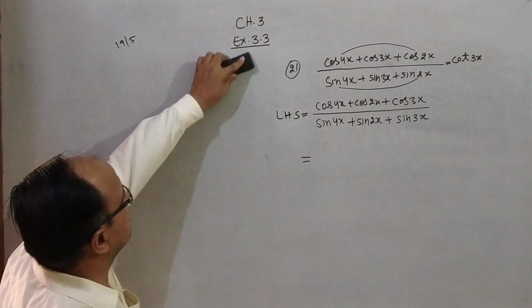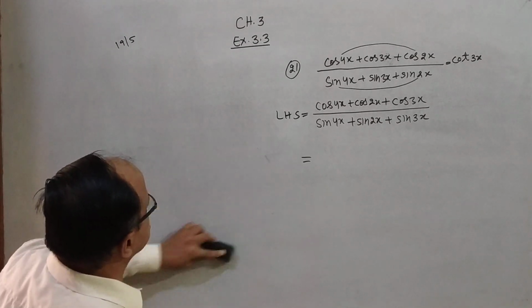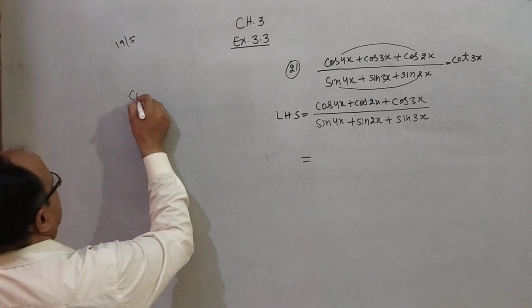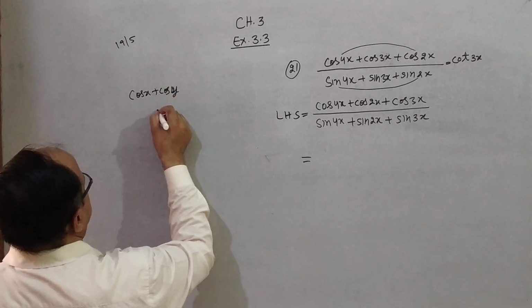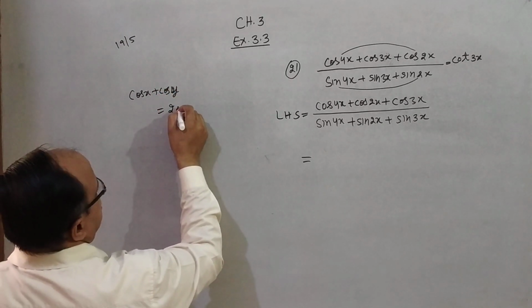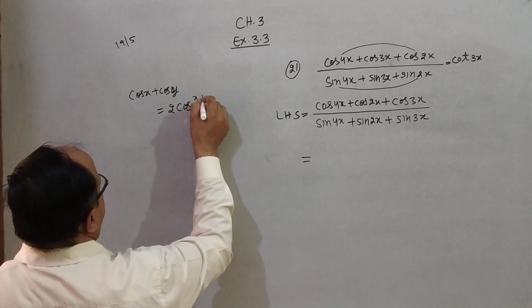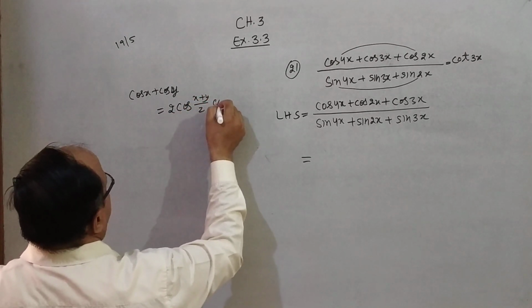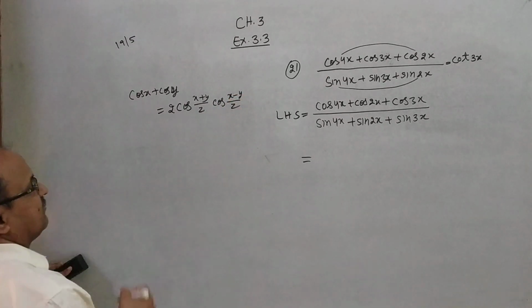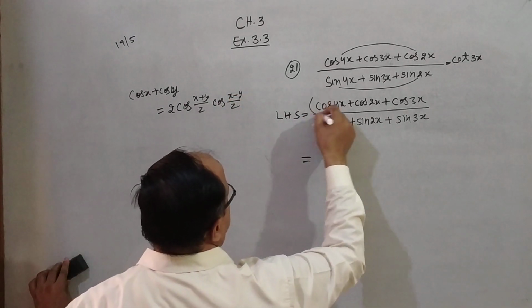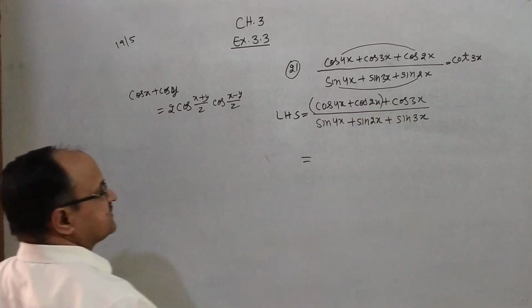You know that formula: cos x plus cos y is equal to 2 cos x plus y by 2 and cos x minus y by 2. We apply this formula here.